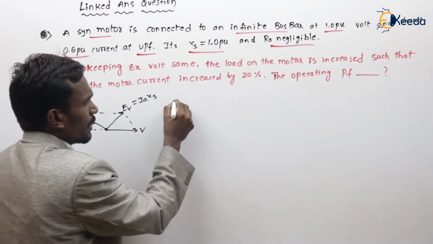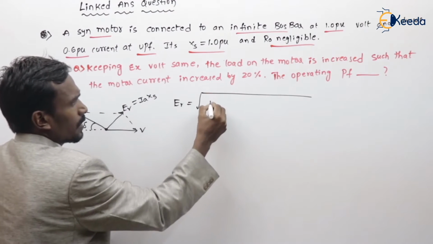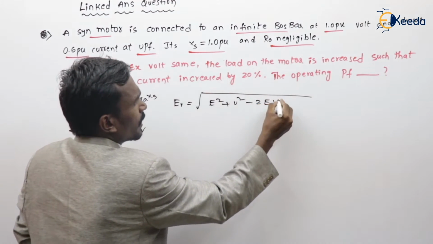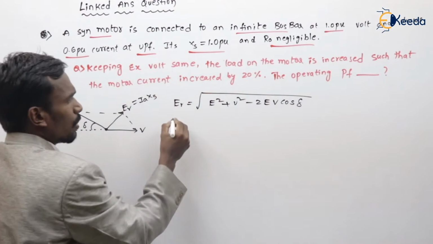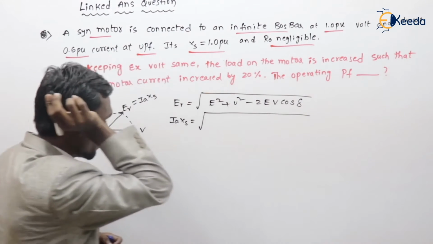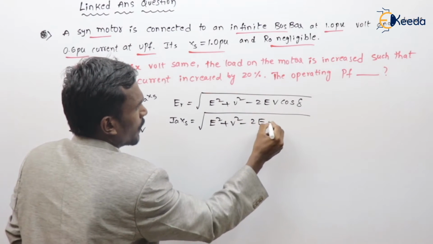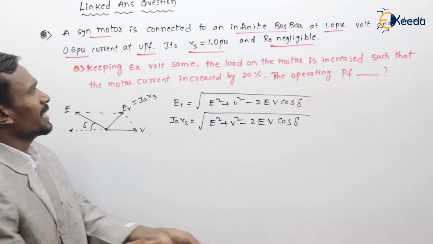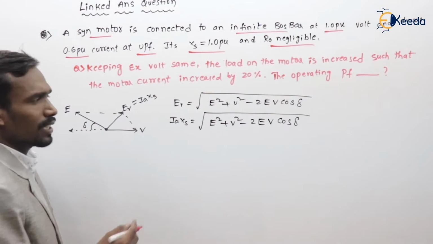So ER is equal to the square root of E square plus V square minus 2EV cos delta, from this diagram. So IA into XS is equal to the square root of E square plus V square minus 2EV cos delta. What is IA? The motor current is increased by 20%.